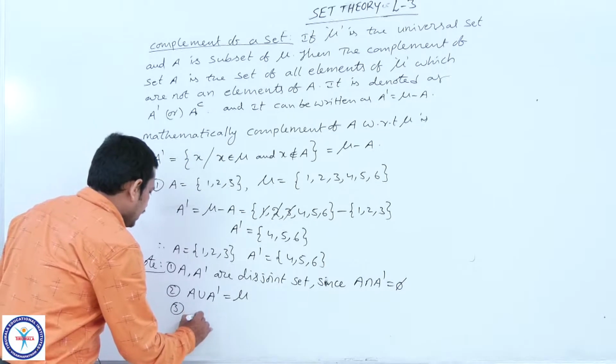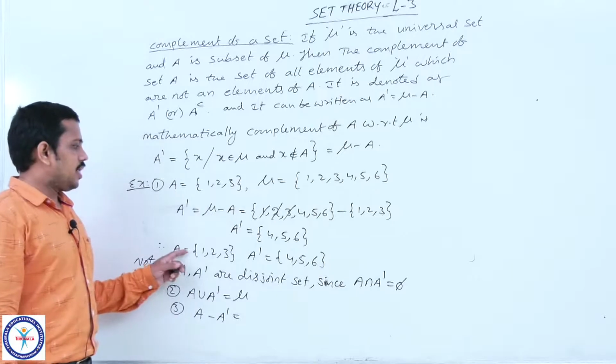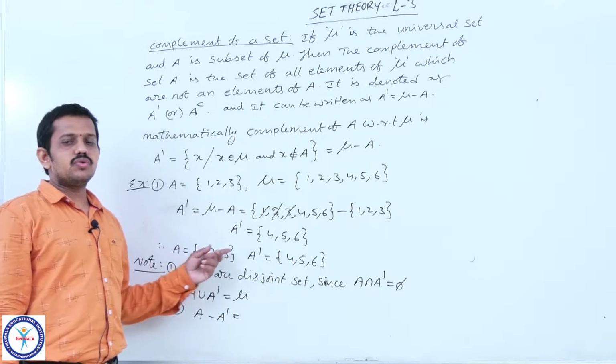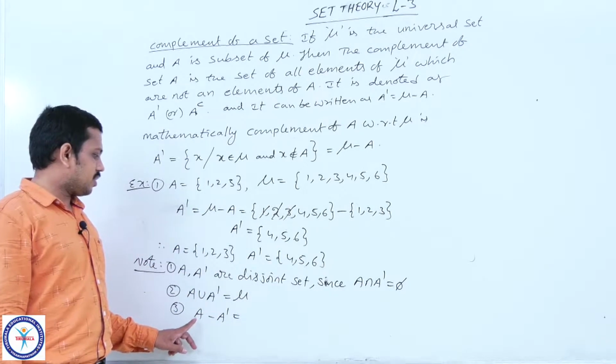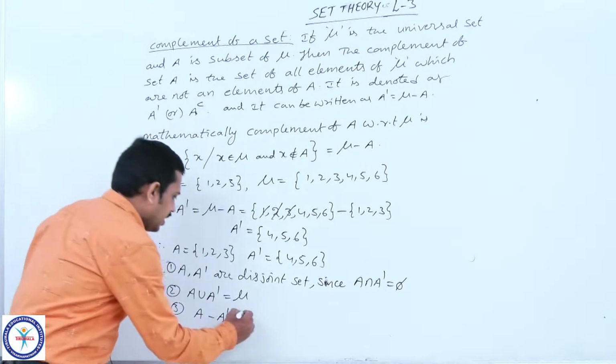And what is A minus A complement? Here these two are disjoint sets. If any two sets are disjoint sets, then the difference between A and A dash is equal to A itself.